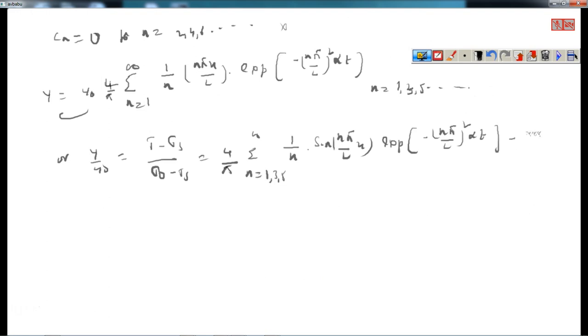This is equation number 8. This gives the temperature distribution, the ratio of temperatures, at any point. You can write it here.